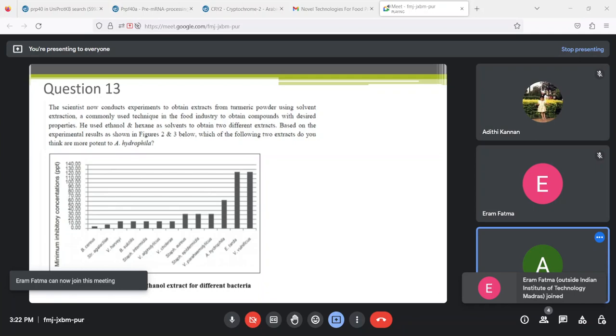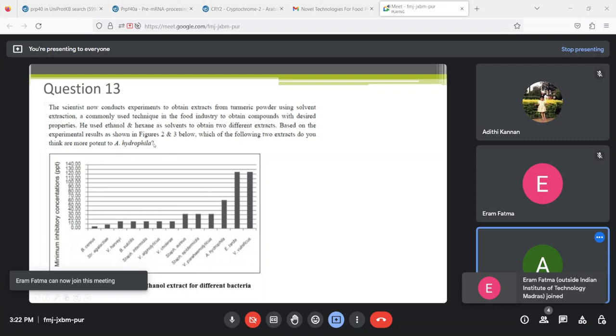hydrophila? So this particular figure is for only ethanol extract. I will show you another figure for hexane extract. So you have two different graphs, one for the ethanol extracted turmeric and another graph for hexane extracted turmeric, which I will show you in the next slide. So we will first calculate what is the MIC for A. hydrophila of turmeric.